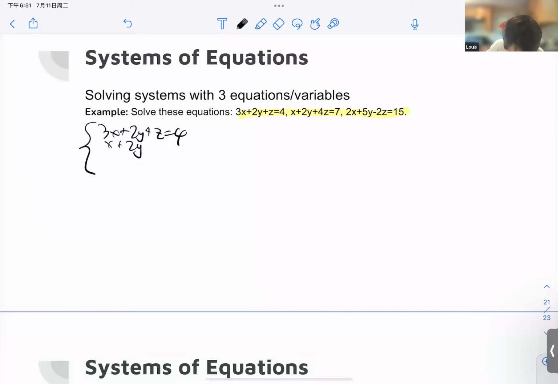X plus 2y plus 4z equals 7. And 2x plus 5y minus 2z equals 15.